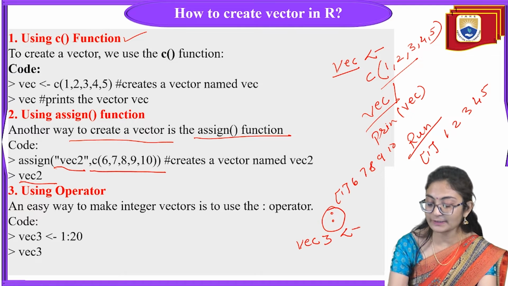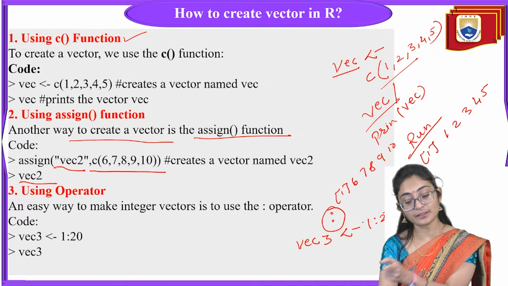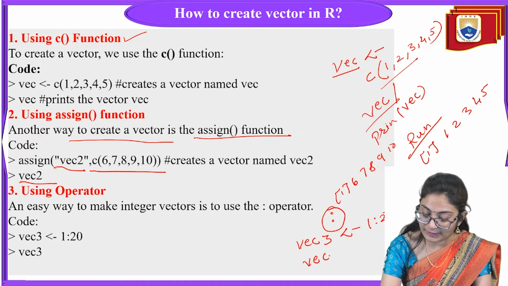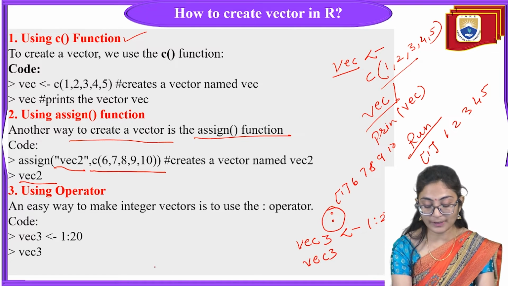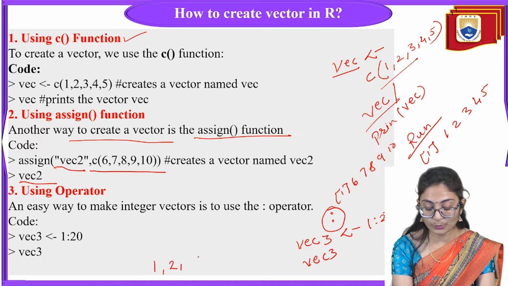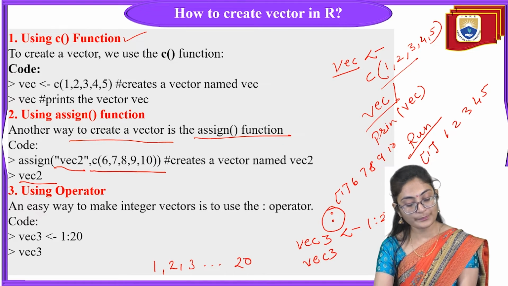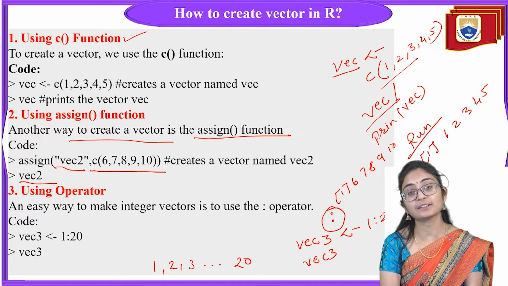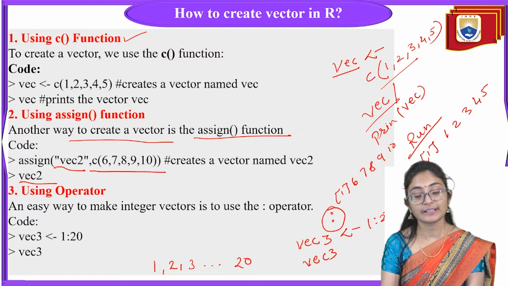I will provide the input 1 to 20. That means it will print the values from 1 to 20, and after that you have to print vec3. After executing, you will get the values 1, 2, 3 up to 20. That means in a vector, by using the colon operator, you are printing the values in the range 1 to 20.